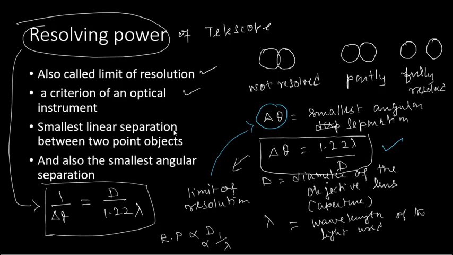What about the telescope? The resolving power of a telescope is 1 by delta theta, which is equal to d divided by 1.22 lambda. In this case, d is the diameter of the objective lens, that is the aperture of the objective lens, whereas lambda is the same as in the microscope, the wavelength of the light used in the optical instrument.